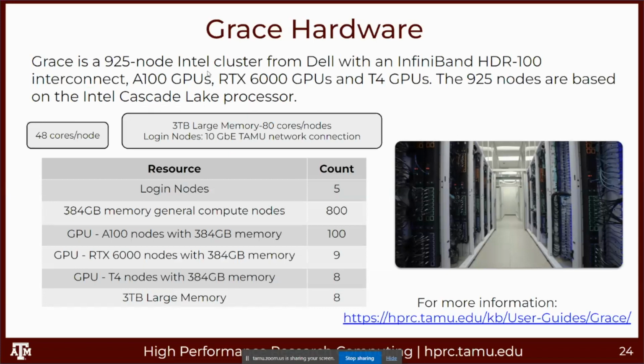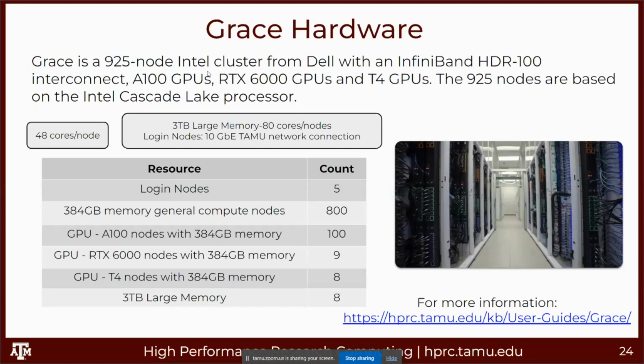So this is the Grace hardware. It was asked earlier the differences between Faster, Terra, and Grace, and that's just going to be the hardware itself. We have 5 login nodes, 800 nodes with 384 gigabytes of memory. If you have jobs that you want to use graphics cards or GPUs, we also have some GPU nodes available.